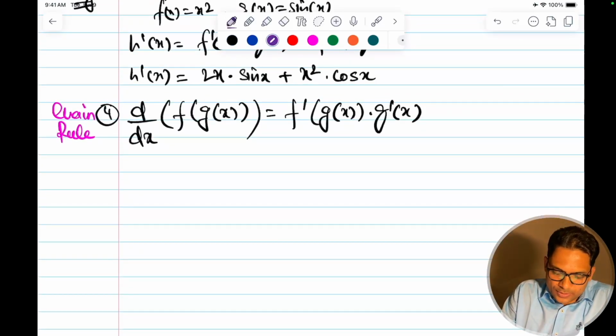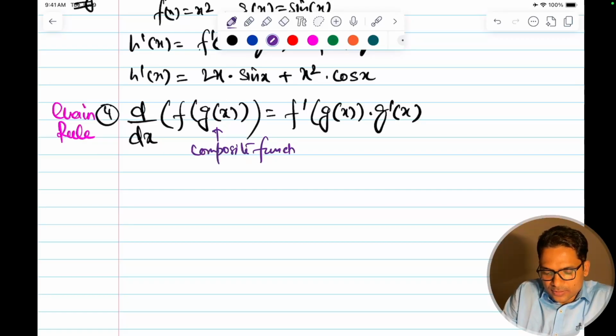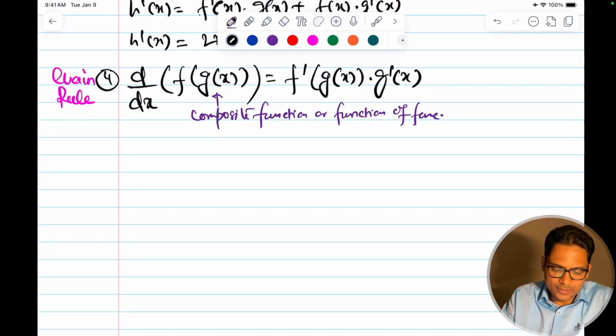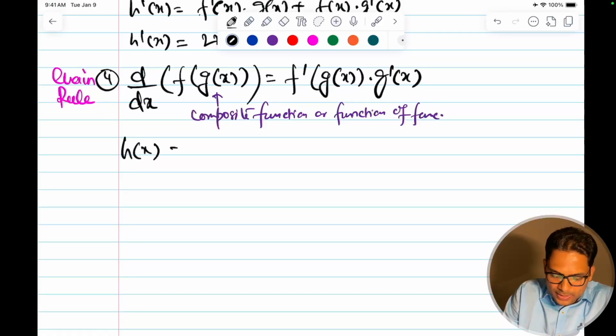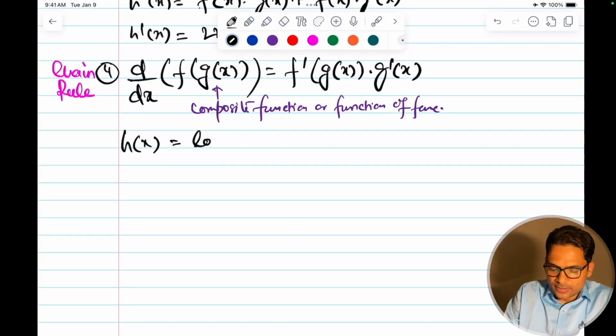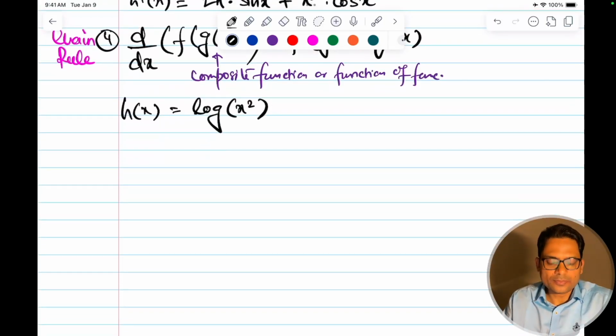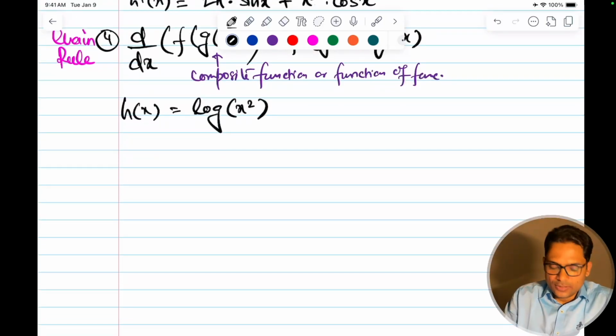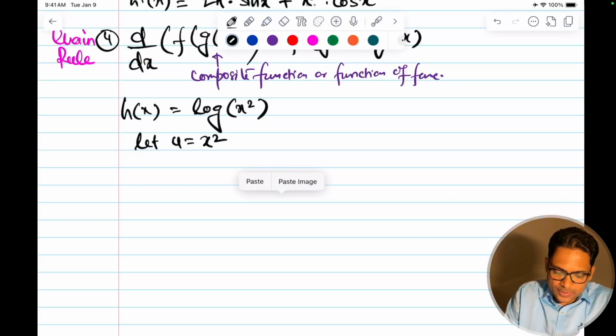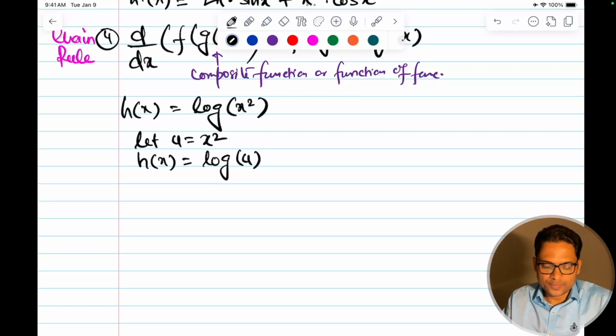This is your composite function, or function of function, right? So let's do a quick example for this also. For example, your hx is, this is a bit tricky, log of x square. So we do a trick here. Let u be equal to x square. So my h of x will become log of u, right?